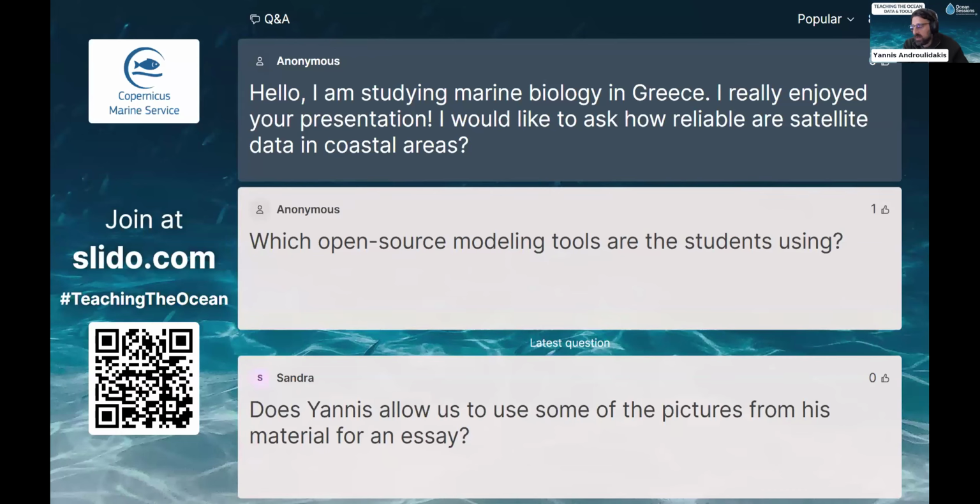For example, coastal altimetry techniques have improved the sea level data that during the first years of altimetry, let's say, era, were not very reliable because there is some noise from the land contamination. And I would say that especially very close to the coast, this type of data have to be used in a very careful way, let's say.